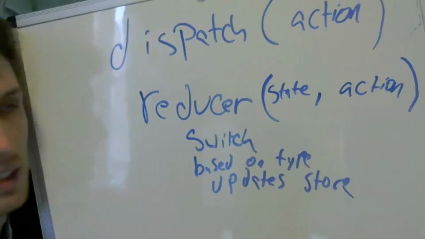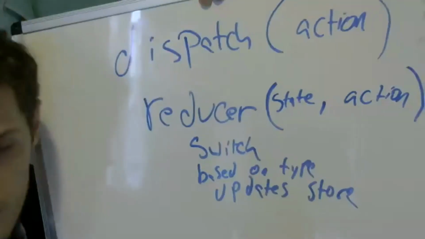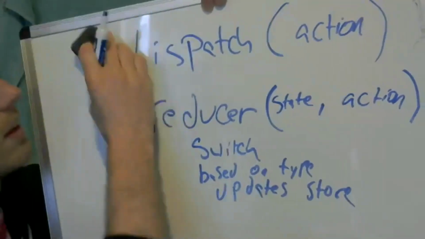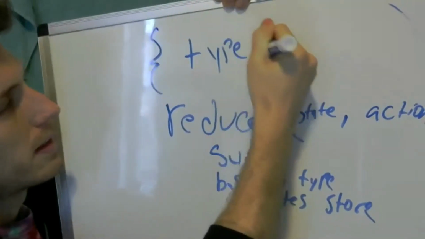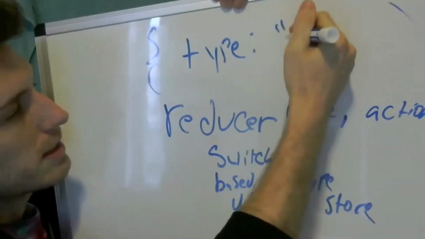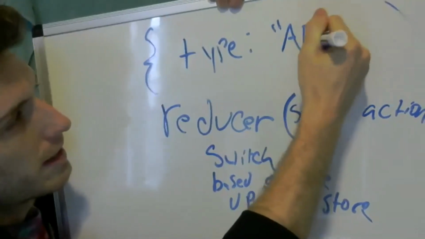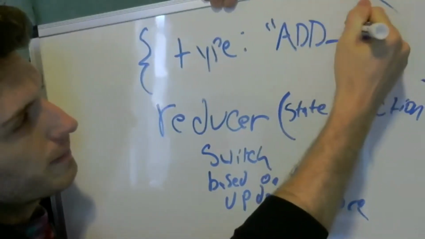Okay, so can you just explain the switch based on type? Sure. So if our actions look like an object with type, so they have a type property that points to, let's say, add apple.